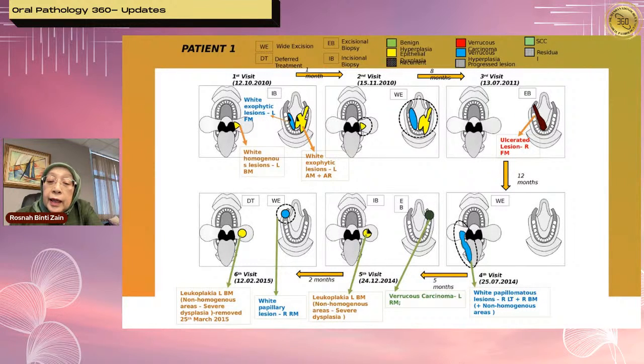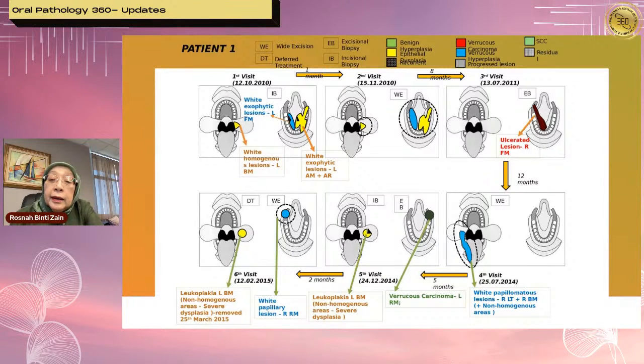And then on 24th December 2014, at the end of the year, there is a new lesion, which is a verrucous carcinoma. But this new lesion may be arising from this area where, in slide number 2, on 15 November, we already had the verrucous epithelial dysplasia.